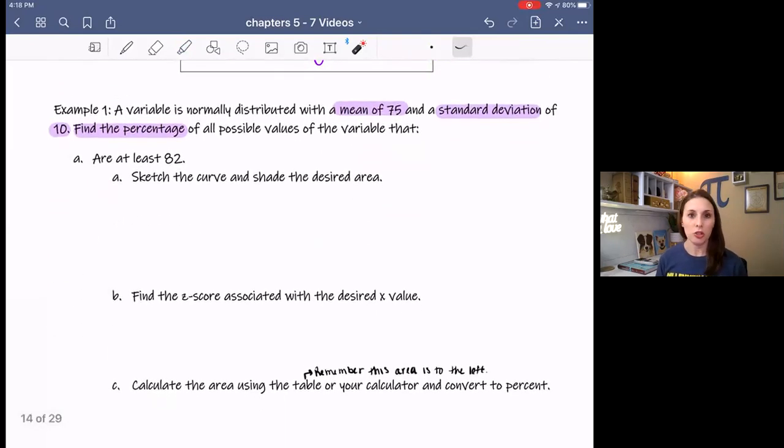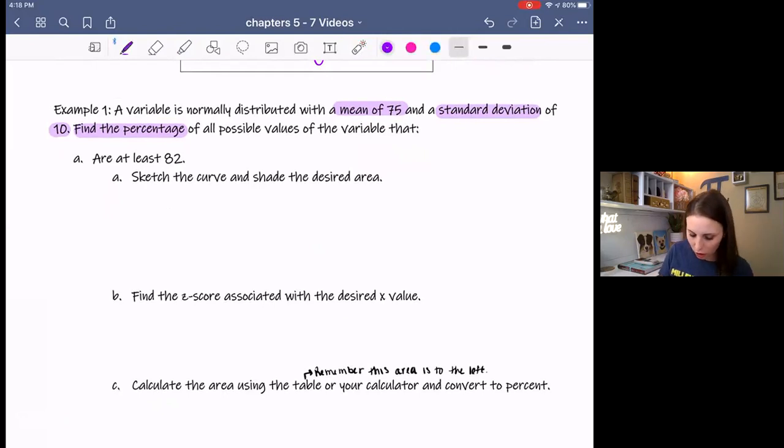I mentioned earlier that if you can sketch a curve, it gives you a pretty good idea of what we're looking at. If you recall from the last video, the areas in the table represent the area to the left. And if we're desiring the area to the right, we have to do some subtraction and some figuring. We're going to use that a little bit today.